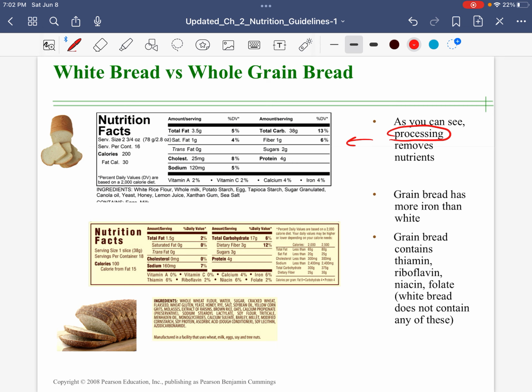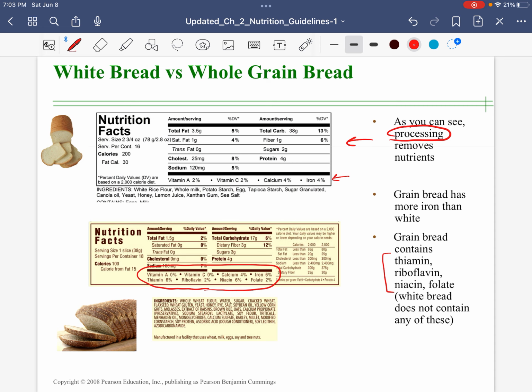Whole grain, now let's not be completely naive, this is a packaged food too, so they still had to do some processing, but whole grain foods use the whole part of the grain. Instead of using only a part of the grain, they use the whole grain when they prepare it, and it maintains a lot more nutrients. So if you look at these, this maintains a lot more, particularly of those micronutrients, compared to this.